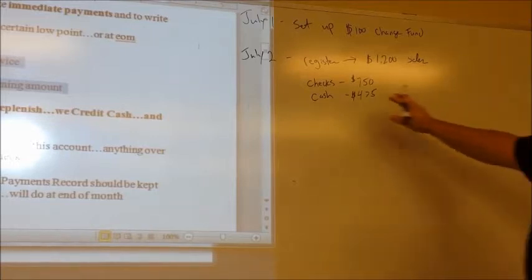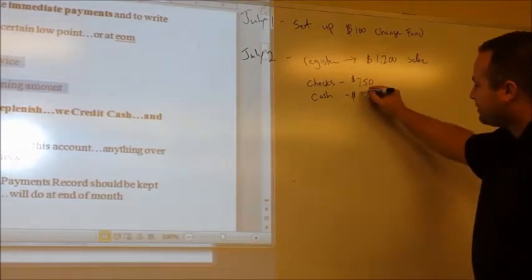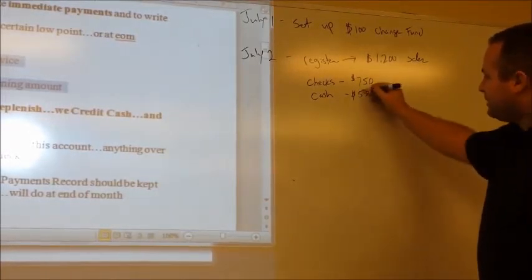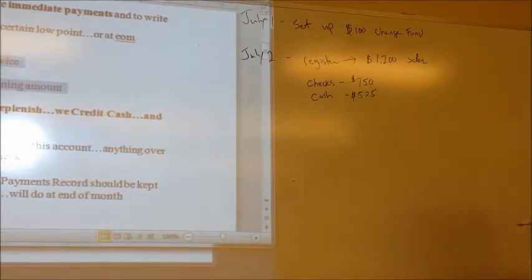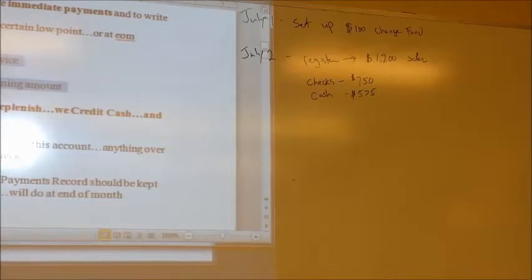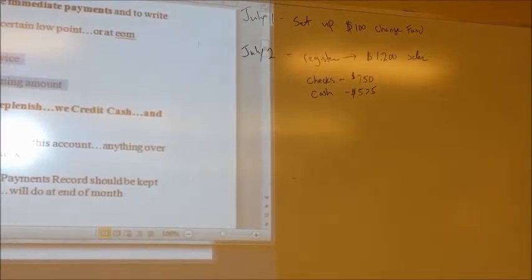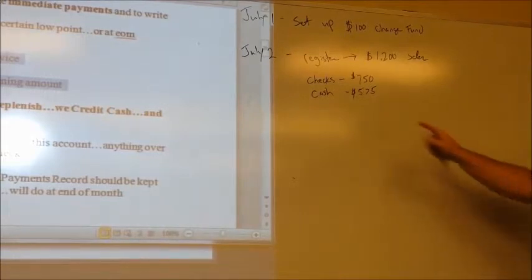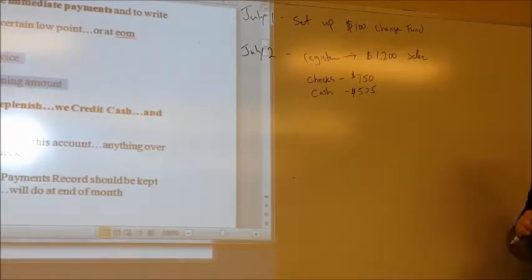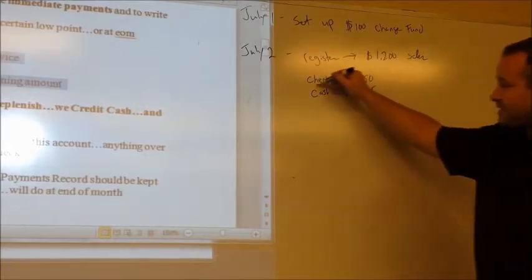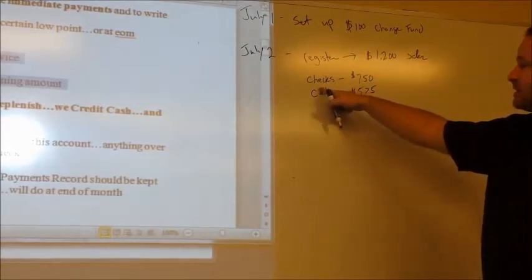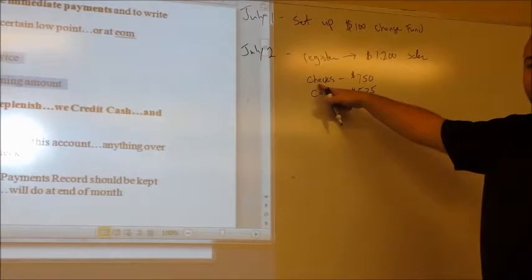It's the cash that I wanted to change, not the checks. It's the cash that needs to be changed. All right, now it's set. Checks 750, the cash 575. This will work out nice. Checks in a business, we count the same as cash.